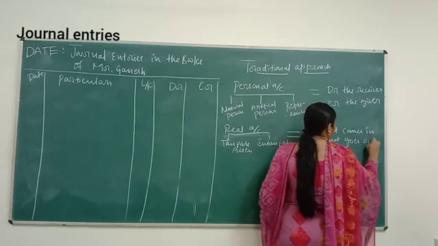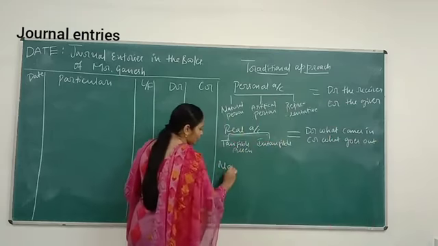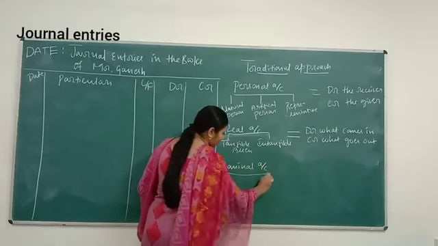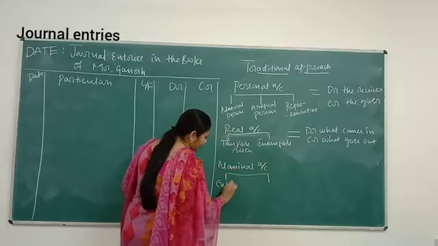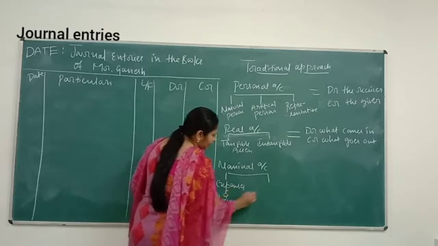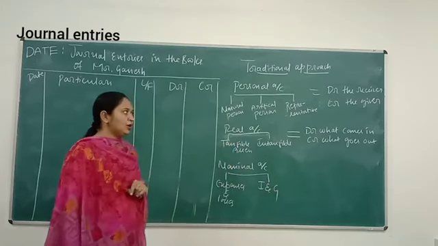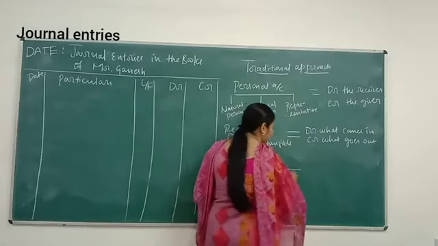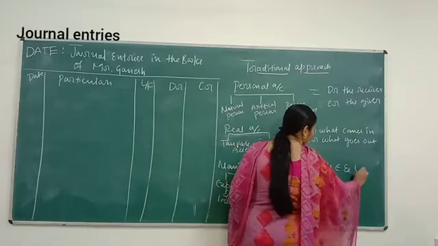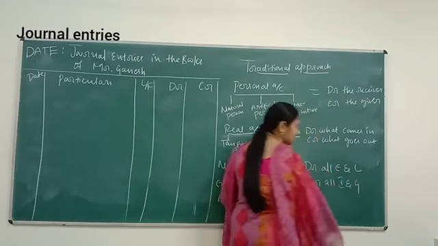Next is the nominal account rule. When it is related to expenses and losses, incomes and gains, you follow the nominal account rule: debit all expenses and losses, credit all incomes and gains.